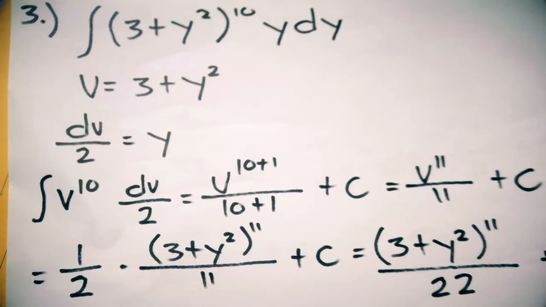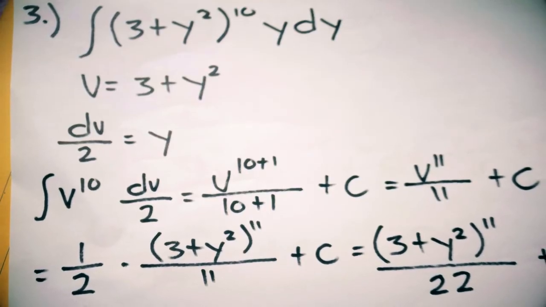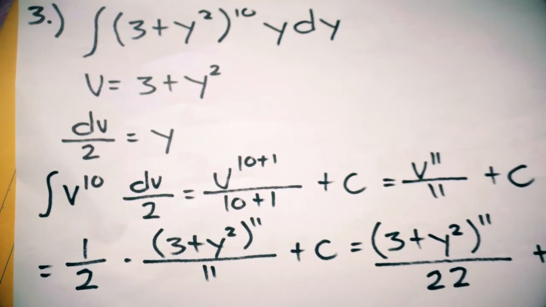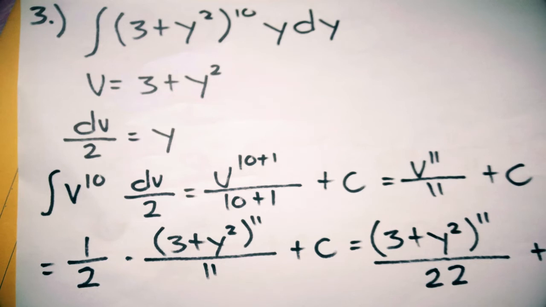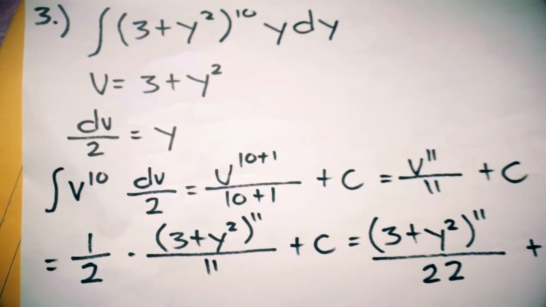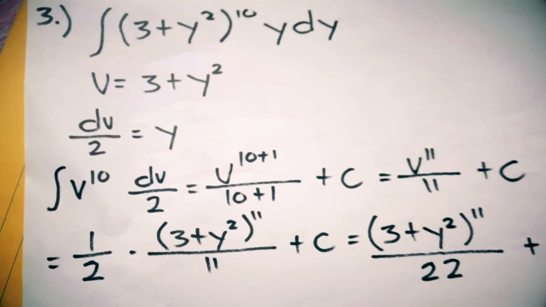Number 3, the integral of the quantity 3 plus y squared raised to the power of 10 times y dy, where u equals 3 plus y squared, du over 2 equals y dy.